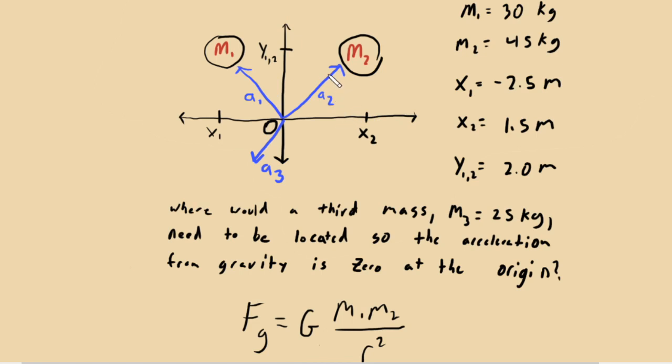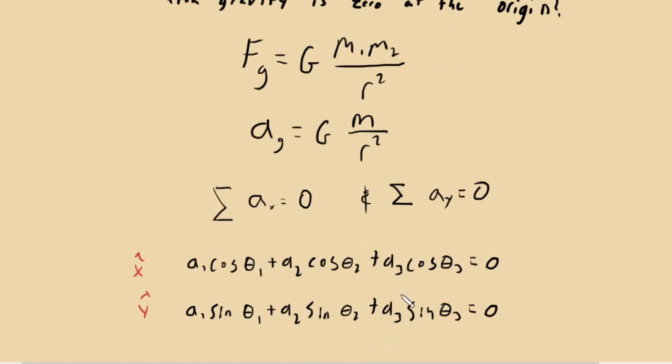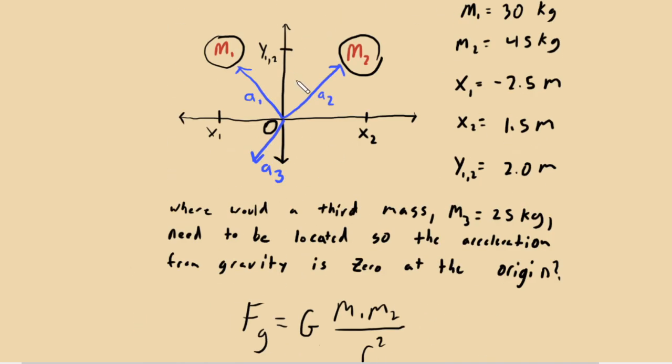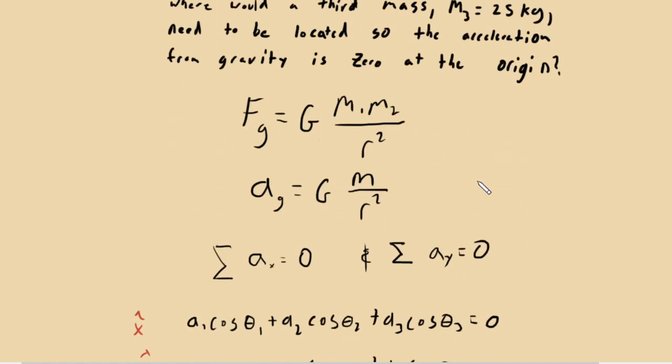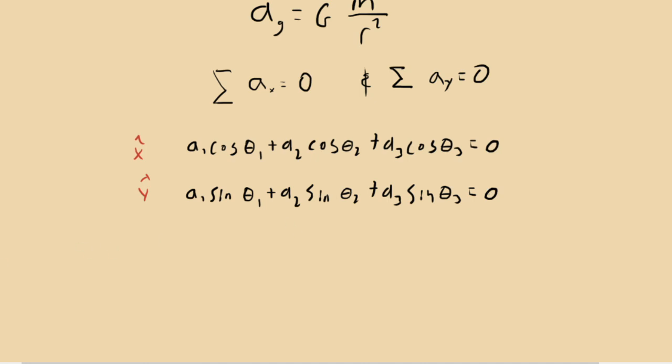So from here to here would be acceleration 2. Then we add acceleration 3 multiplied by the cosine of its angle, which is again the angle from 0 to wherever our acceleration vector is. This is for the x direction. We repeat the same thing for the y direction, only using sine.